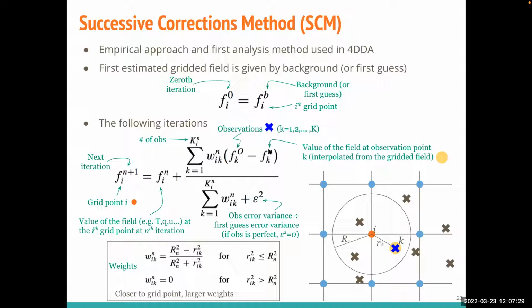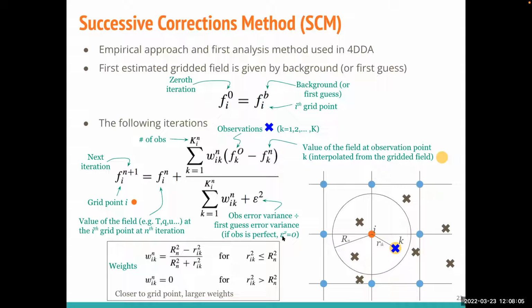If you start with 0, then this one is f0i here. i is the index, and k here represents different stations. Then we do this summation for all the stations. For example, here you have 3 points, so you do this 3 times, do the subtraction, and then multiply by the weight. The weight is decided by the box here. And this is another weight, and here this is the error variance.